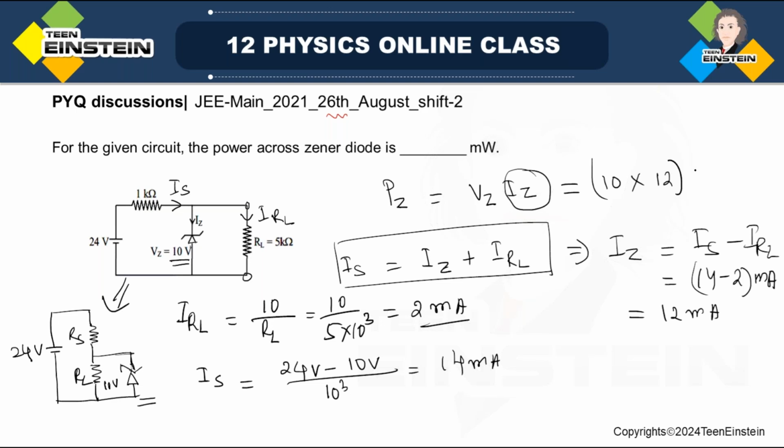So this will give you 120 into 10 to the power minus 3, in watt.